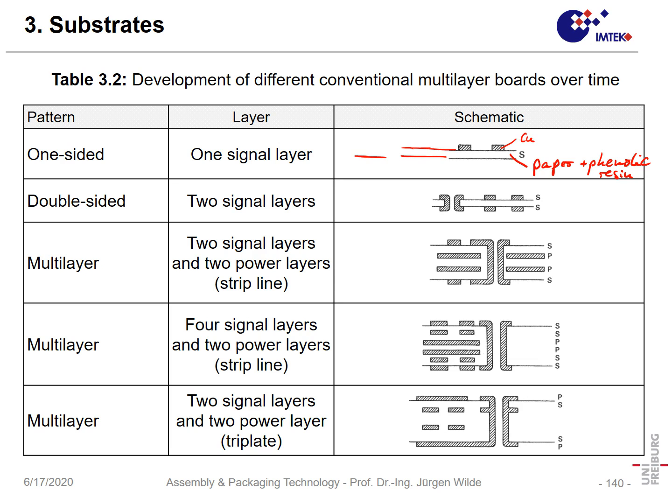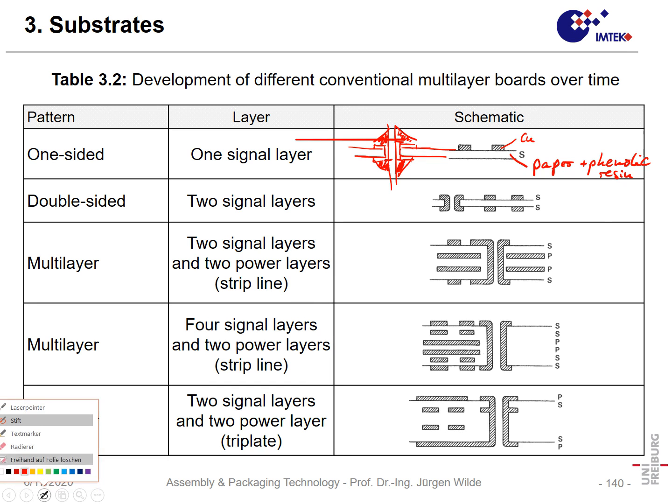In the beginning, we just had something like this. A hole was drilled. We have here the copper. A pin was put in. It was soldered. And in that way, we could create a through-hole interconnection.